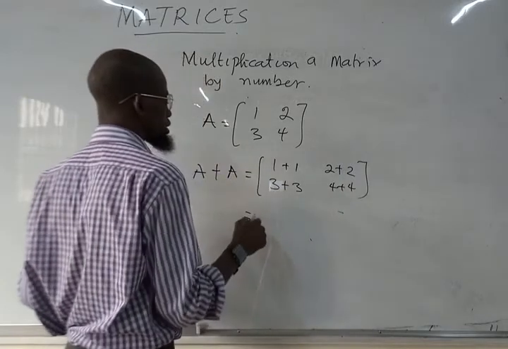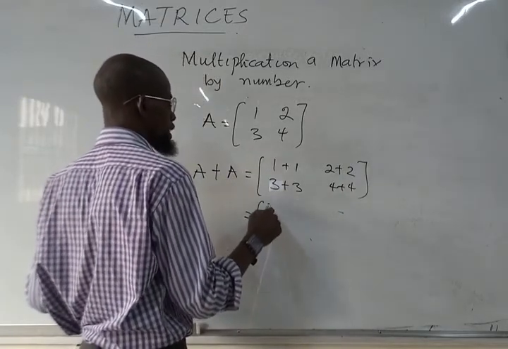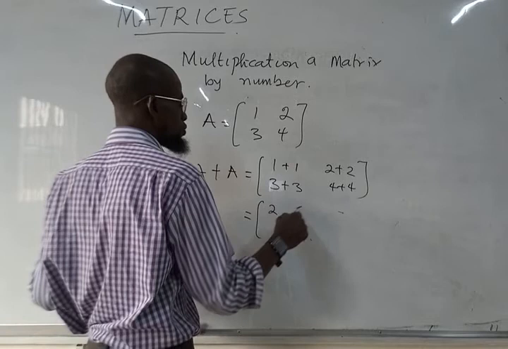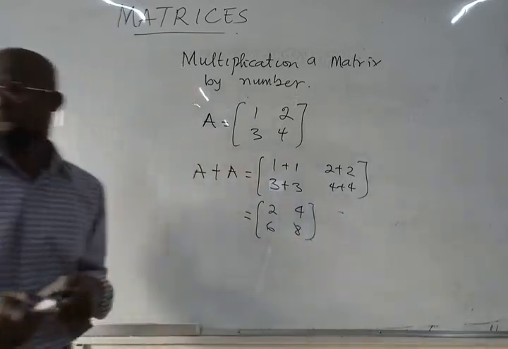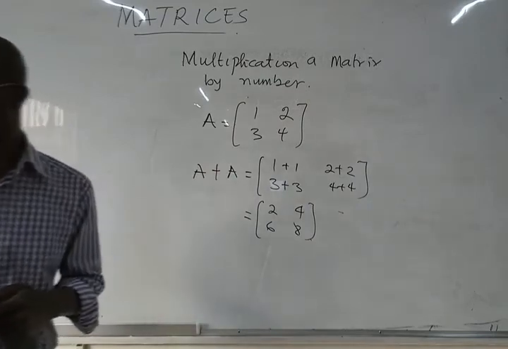We noted that matrix A plus A will give us 2, 4, 6, and 8.